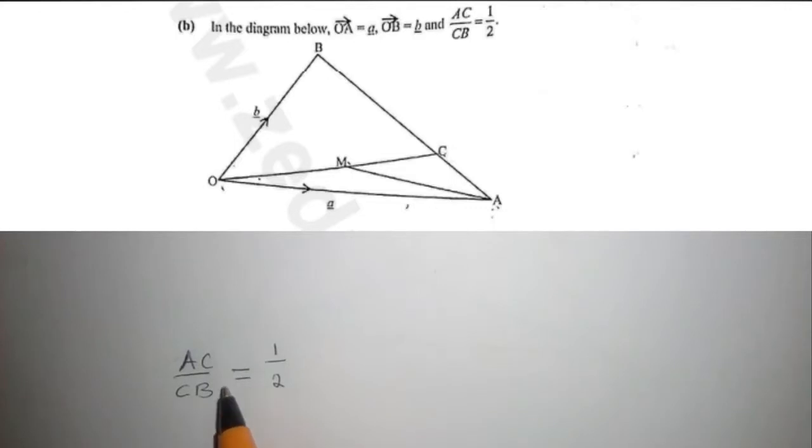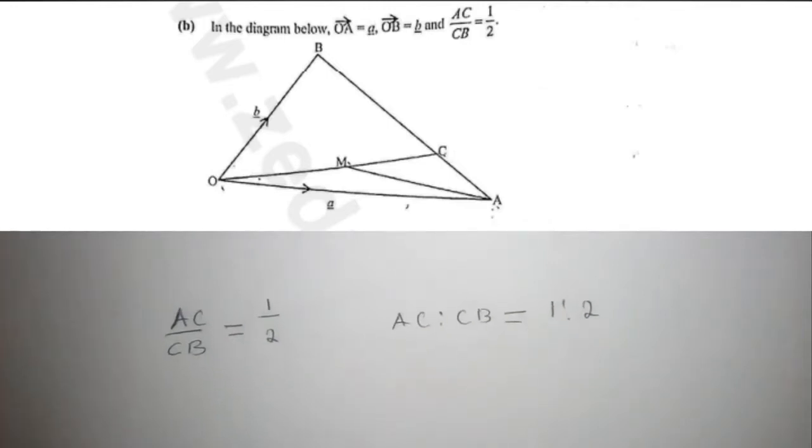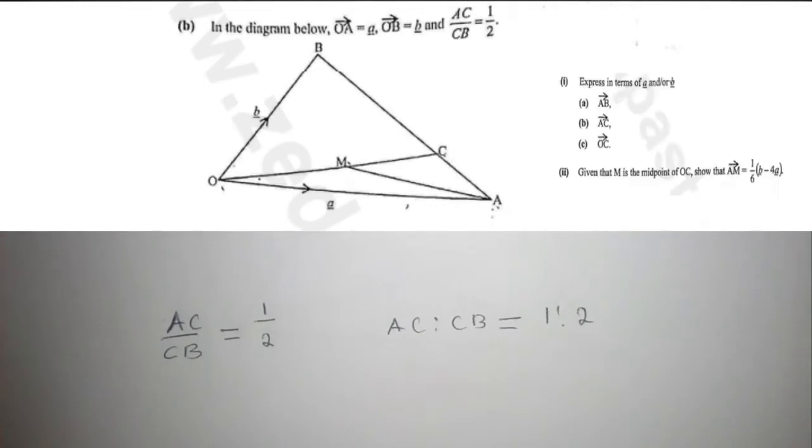So what you need to understand here is that this is the same as AC to CB is equal to 1 to 2. It's just the same. This and this are the same.